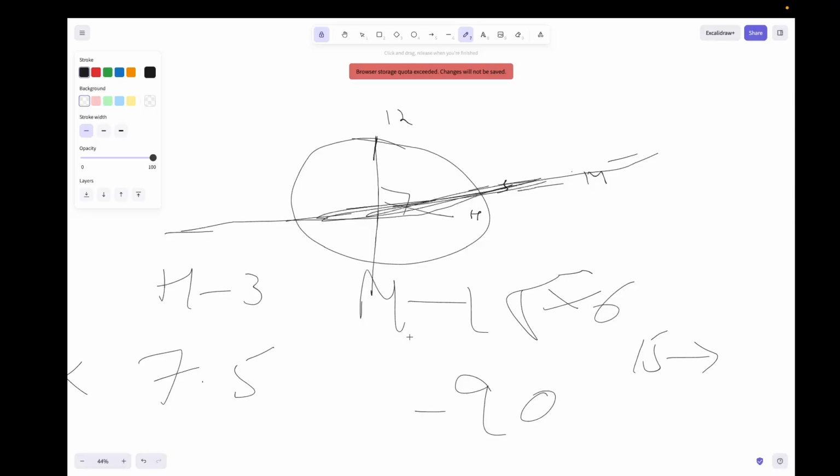Okay, now something is wrong. 7.5 is the difference, but the minute hand moves 15 degrees. Okay, oh, bro. Let me try to put it on pen and paper.